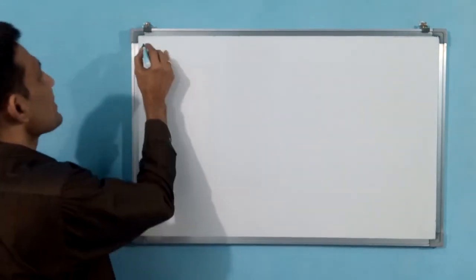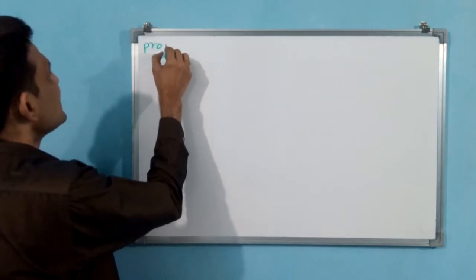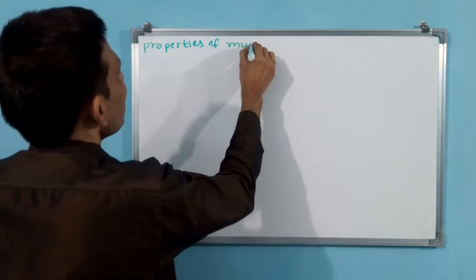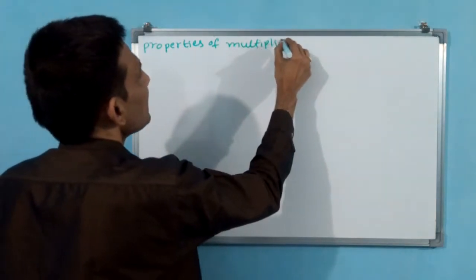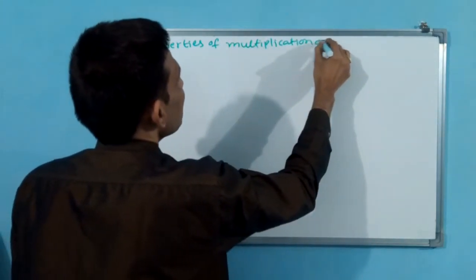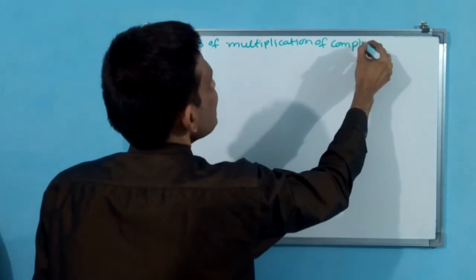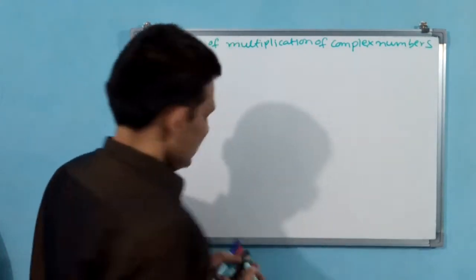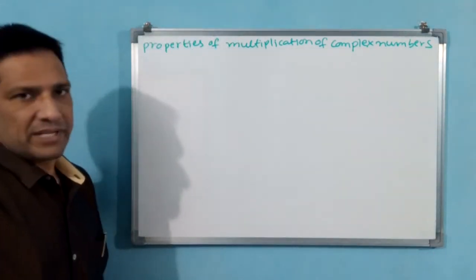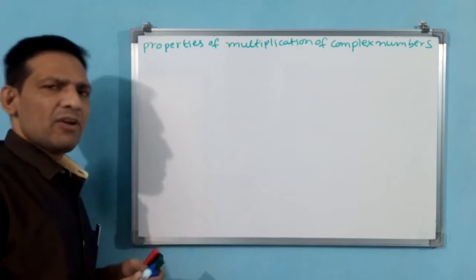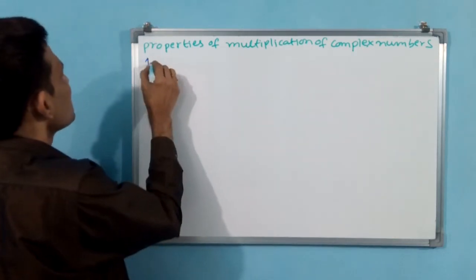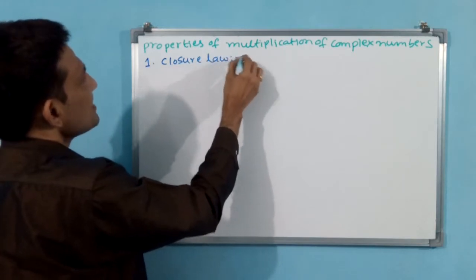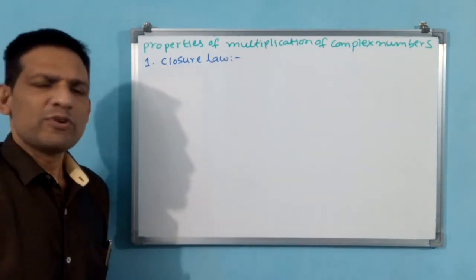See, these properties are for multiplication. First property, closure law. Number one is closure law. What is closure law? We know very well.